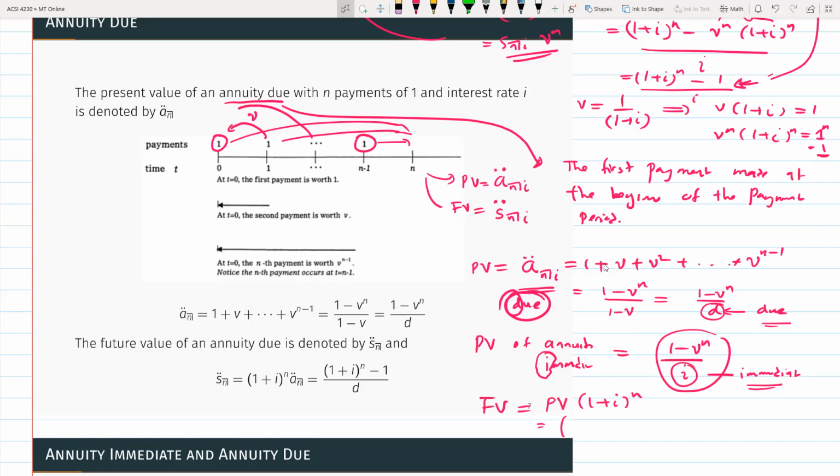So I can substitute the present value formula. It's d, so this formula, which should give me ((1 + i)^n - 1) over d. Okay. So the formula wise, this one we write as s-double-dot_n.